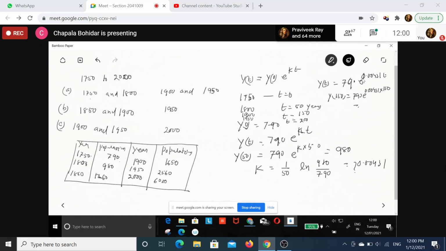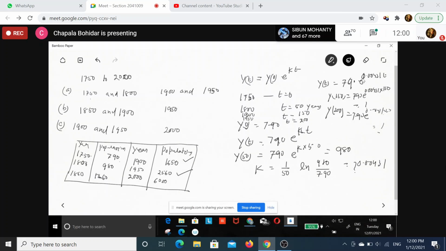What is the value? And compare this value with the actual value. Then you find out y of 200, that is 790 e to the power 0.00431 into 200. Find out that value and compare with the actual value.